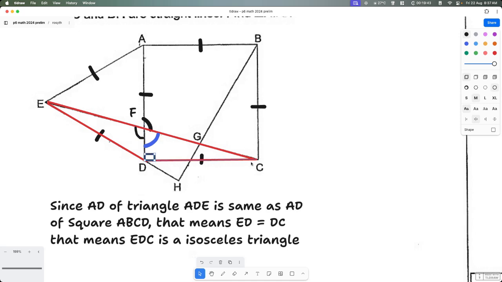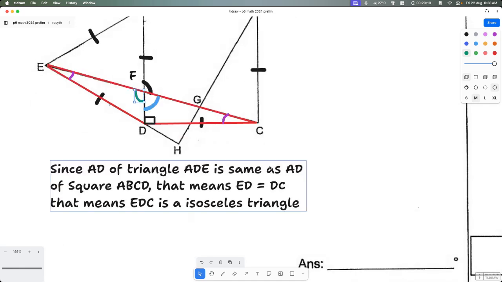So if we know this little angle, then we can get this whole purple angle, then this blue angle, then this green angle, and then AFC.